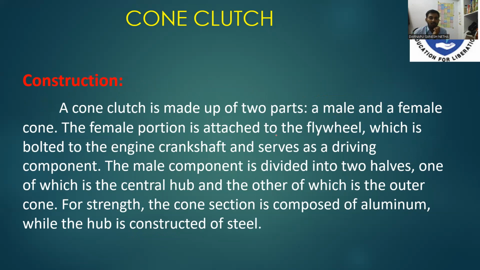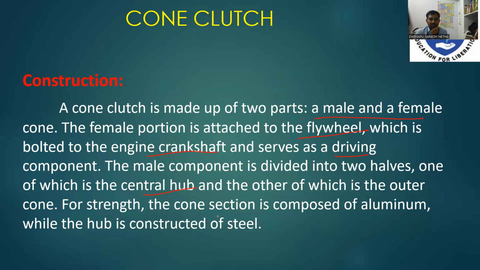The construction of a cone clutch. A cone clutch is made up of two parts, that is the male and female cone. The male portion is attached to the flywheel, which is bolted to the engine crankshaft and serves as a driving component. The male component is divided into two halves. One is the central hub and the other is the outer cone.